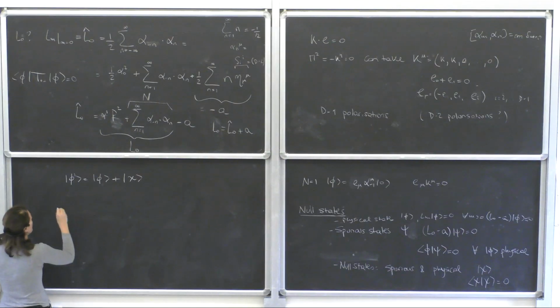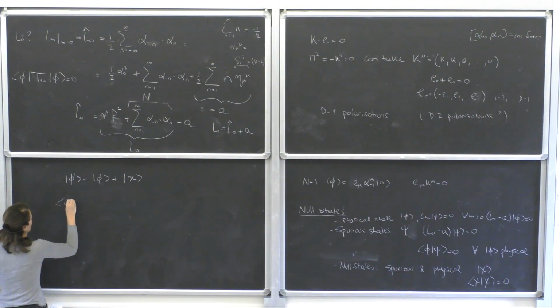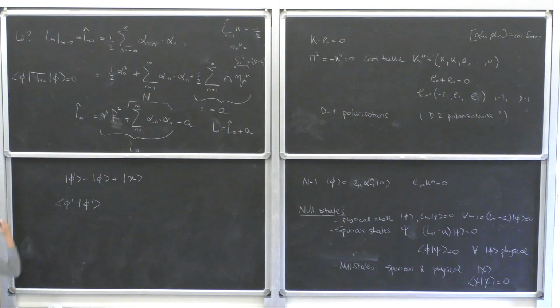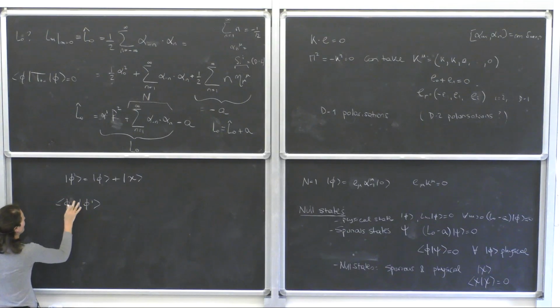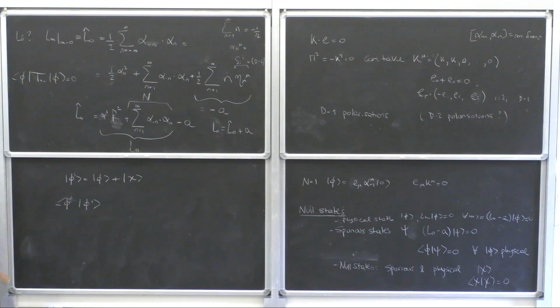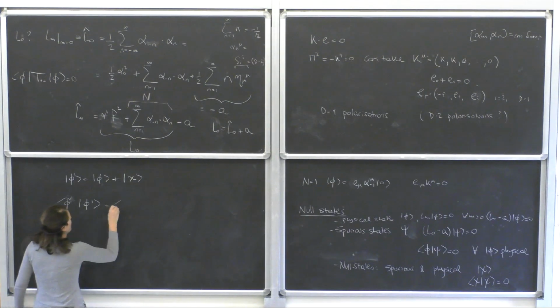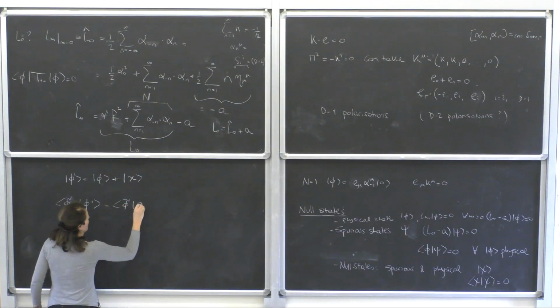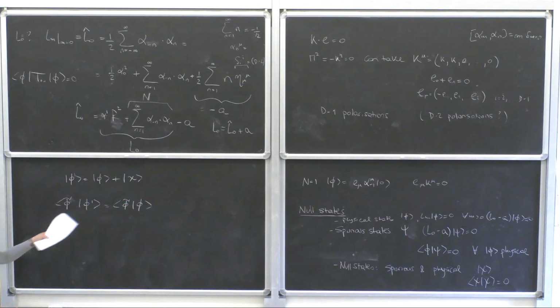Now, if I take the norm of phi tilde with any other physical state, then this is equal to the norm with phi, because this chi goes away.